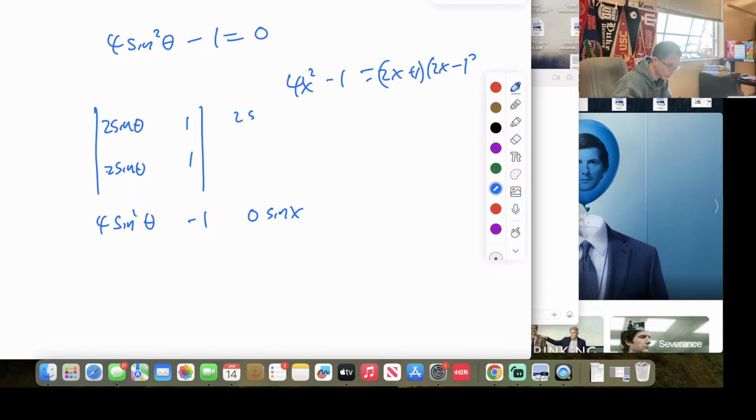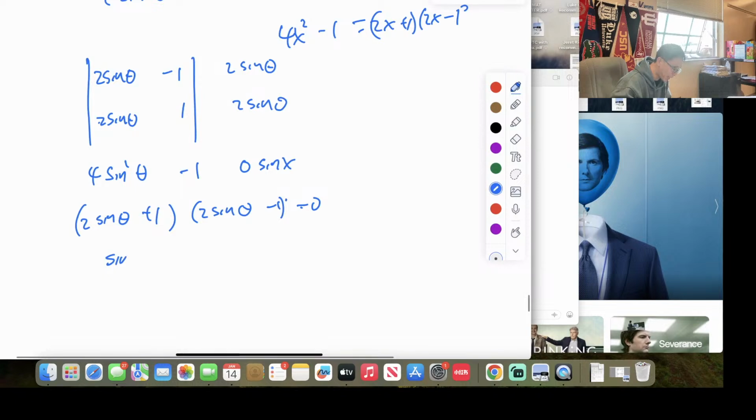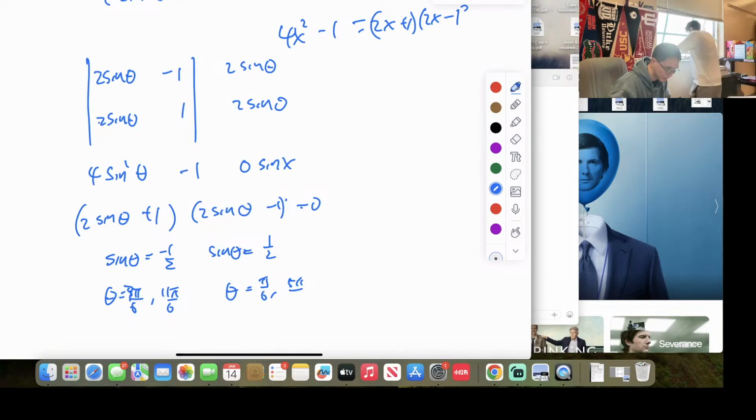That means one of them needs to be negative, so it'll be 2 sine theta plus 1 times 2 sine theta minus 1 equal to 0. So sine of theta is equal to negative 1/2, and sine of theta is equal to positive 1/2. Theta is equal to 7 pi over 6 and 11 pi over 6. Theta is equal to pi over 6 and 5 pi over 6.